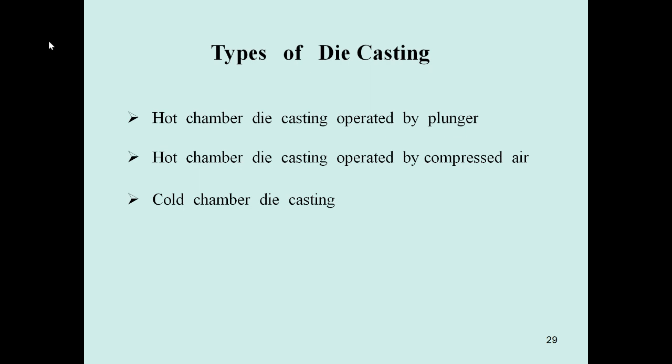Next is the cold chamber machine, and the last one is the vacuum die casting machine.